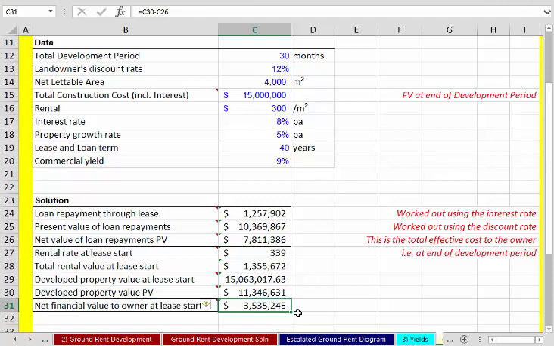Now what the landowner can do is say, well, if I develop and hold myself, the land is worth $3.5 million to me. If a developer comes along and offers them something different, well, they can think about whether that's attractive or whether they want to give it to somebody else as a ground lease. Again, they've got this develop and hold situation as the reference, as their base level, if you like, to compare it.